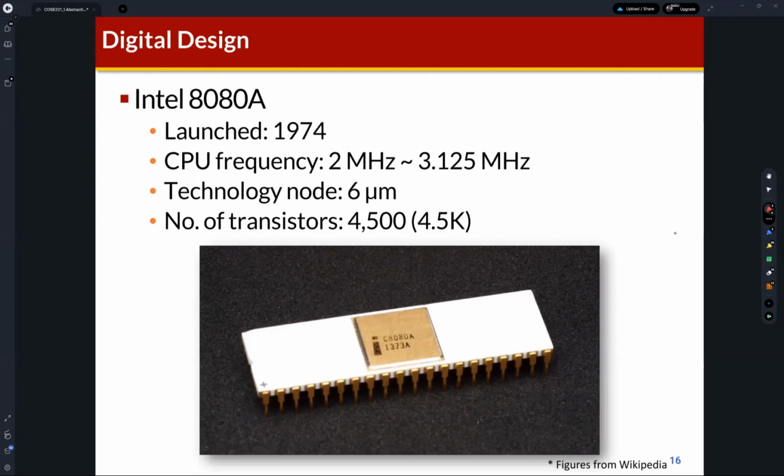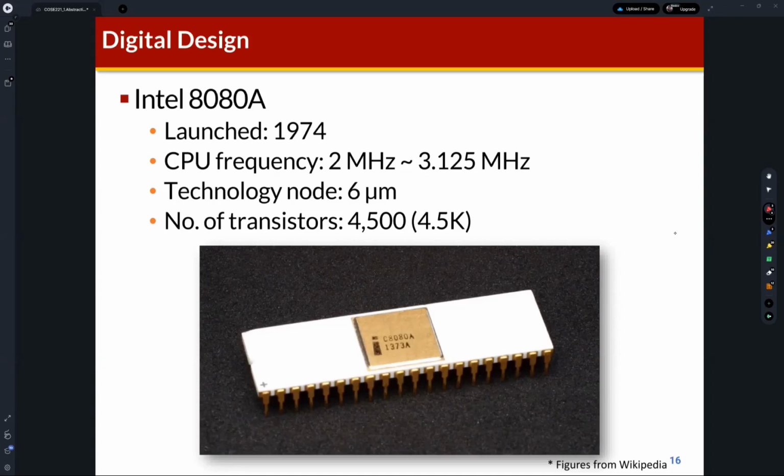Recently, we use very fast CPUs that work at 3 or 4 gigahertz clock frequency, right? But this is the first CPU made by Intel, so it used a CPU frequency of megahertz. It's very, very slow. We will also learn about clock signals in this course.